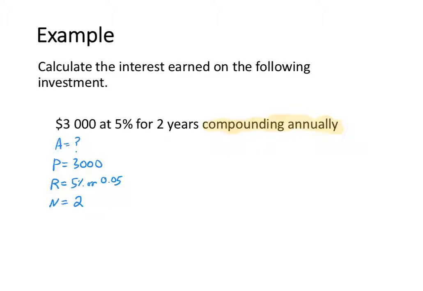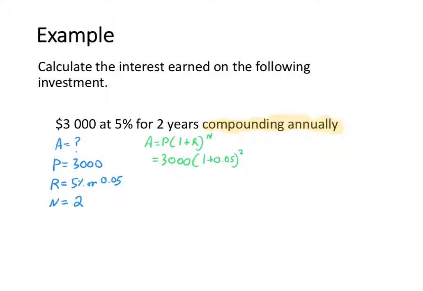So we can apply that to our formula. A is equal to P, 1 plus R to the power of N. This time substituting in the values. So 3,000 times 1 plus 0.05 to the power of 2.